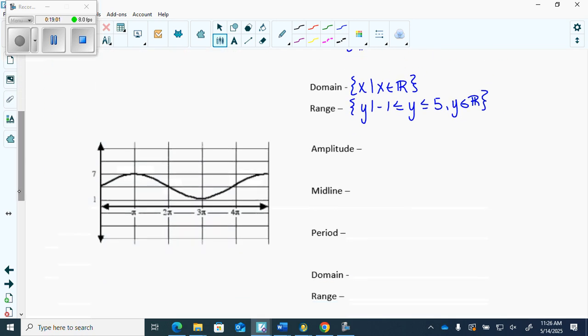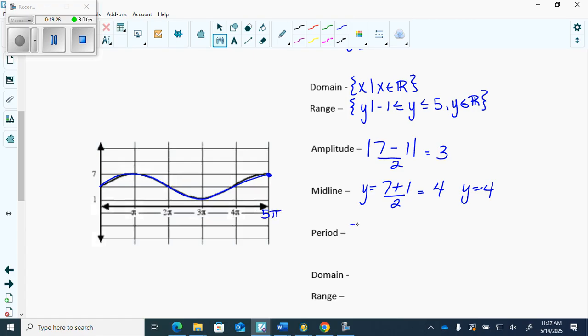The next one, my amplitude is the absolute value of 7 minus 1 divided by 2, which is 3. And my midline is going to be y equals 7 plus 1 divided by 2, which is 4. And the period, I go past a max, past a min, back up to that height. The period is 5 pi.